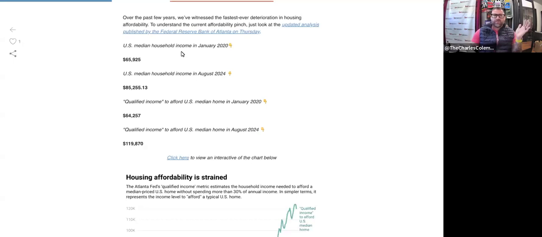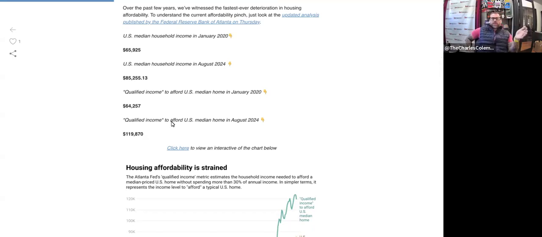Again, the median number is where we take the highest and the lowest and whittle it down till we get to the middle, $85,000. Well, we know in the state of Colorado, we are probably on the opposite end of the spectrum. We're the ones getting whittled out till they get to the middle. There's no home in Colorado at a median level of $85,000. This is not us by any extent of the imagination, but it still does show this increase.